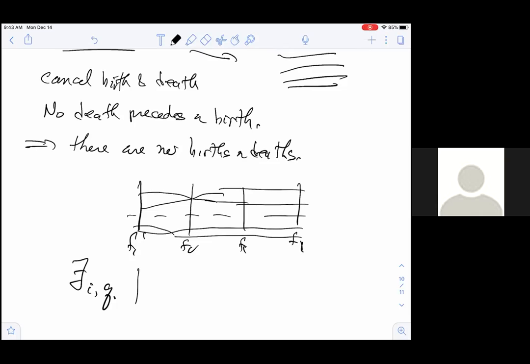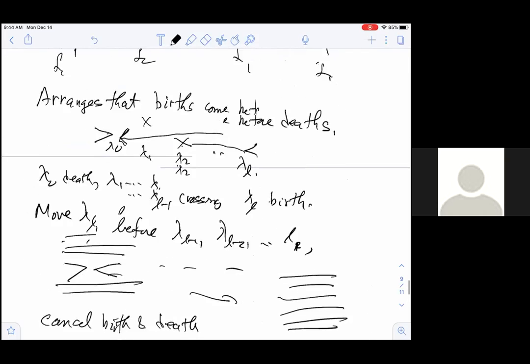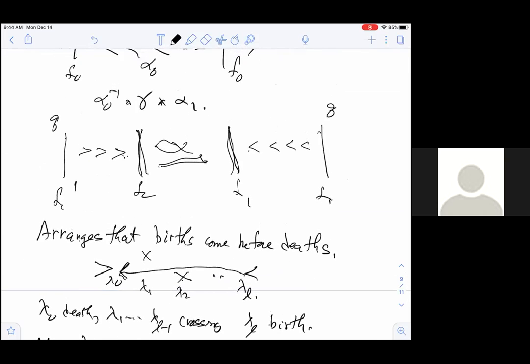That's all. It's also clear that F0 prime and F1 prime are homologically trivial, in fact, primitive. And that's because I built them that way. I started with a Morse function with no critical points, and I just put in P births one after another and didn't do any crossings.